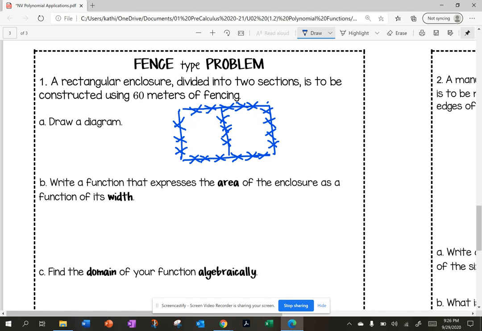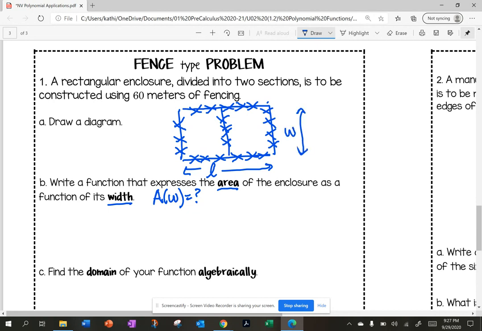So the first question, or B, says write a function that expresses the area of the enclosure as a function of its width. So it's asking me what is the area in terms of width. So I know area is length times width. So right now I know this is my length and this is my width.